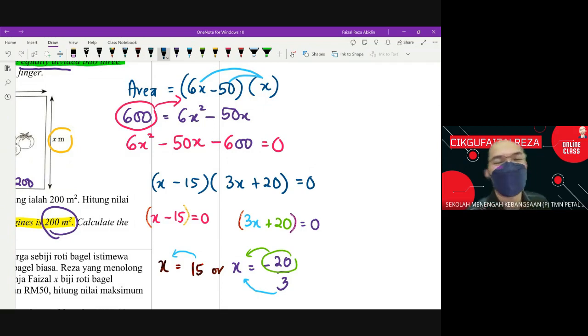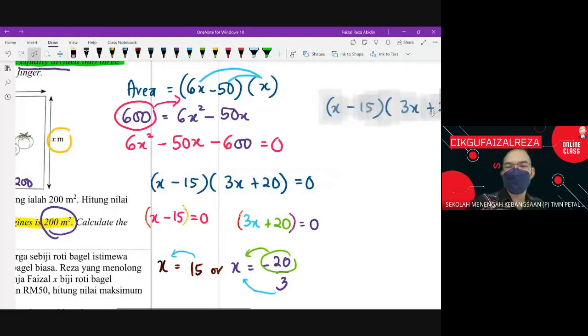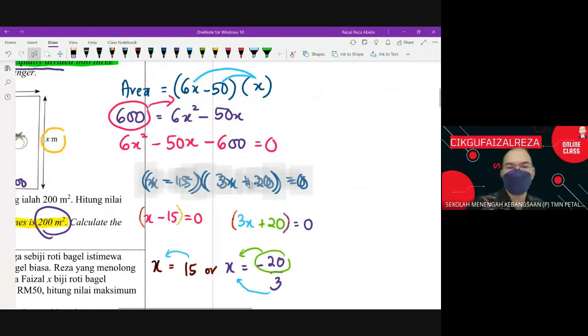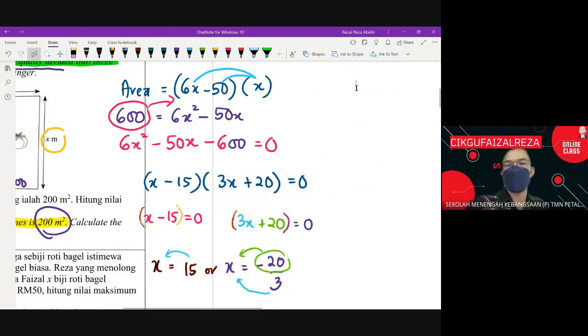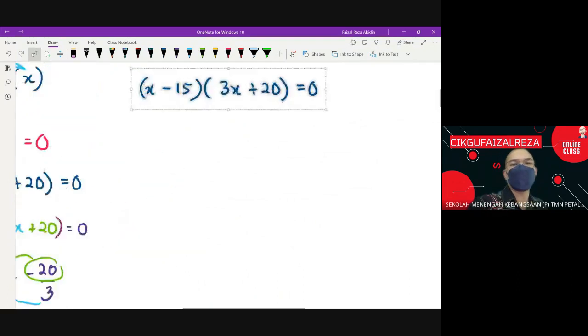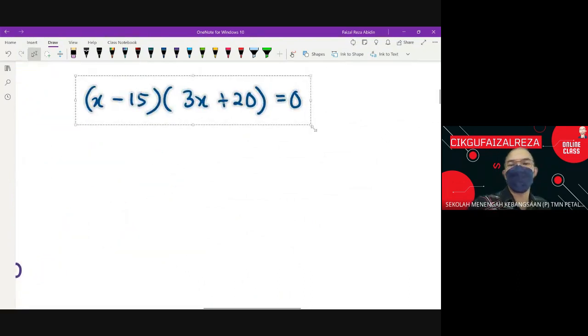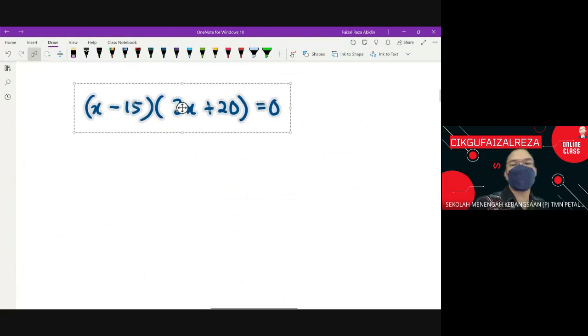But if you look over there, oh, sorry, supposedly this one I need to copy. Okay, if I expand back this one, what did I get? x times 3x.